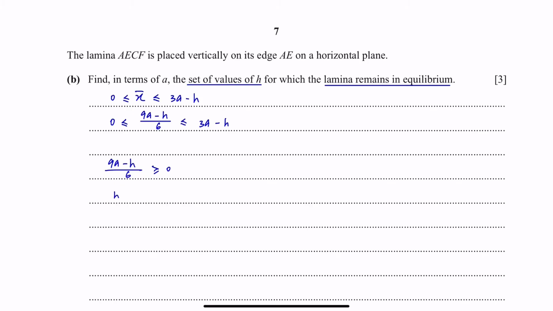So h would be less than or equal to 9a. And from 9a minus h over 6 less than or equal to 3a minus h, we get 9a minus h less than or equal to 18a minus 6h. So we have 5h less than or equal to 9a. H is less than or equal to 9 over 5a.